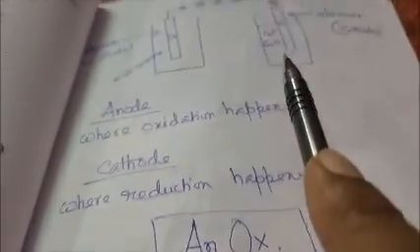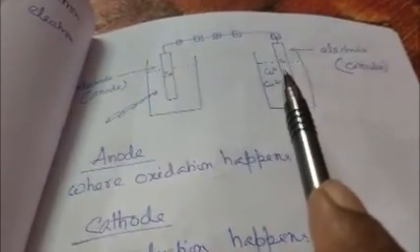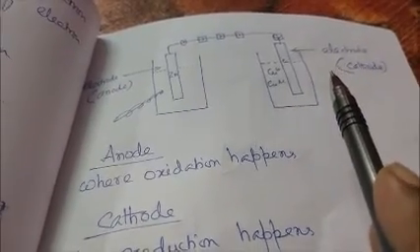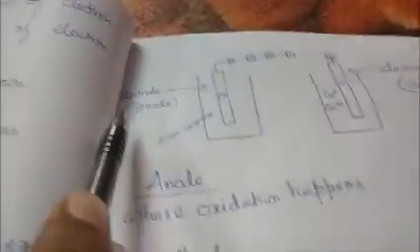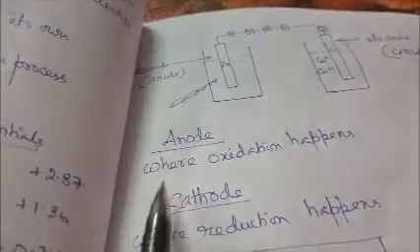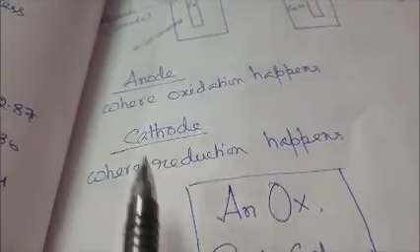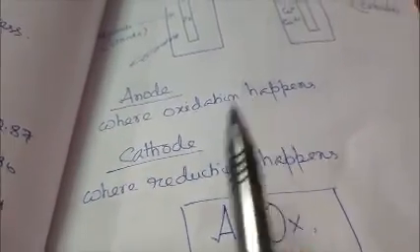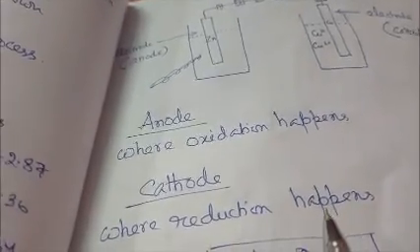So it implies that the reduction is occurring in this electrode. So what should I call this electrode? This is called cathode, and this one will be the anode, because the definition of anode and cathode is like this: where oxidation happens it is anode, and where reduction happens it is cathode.